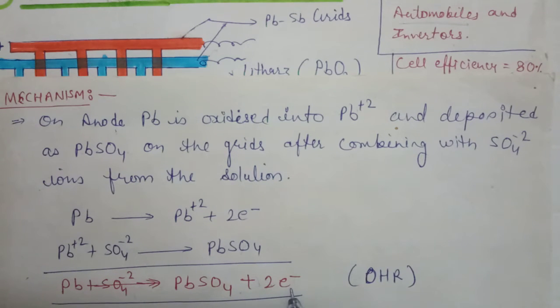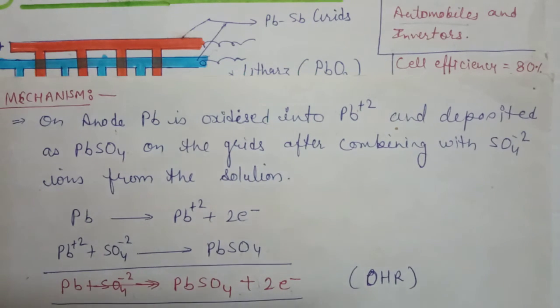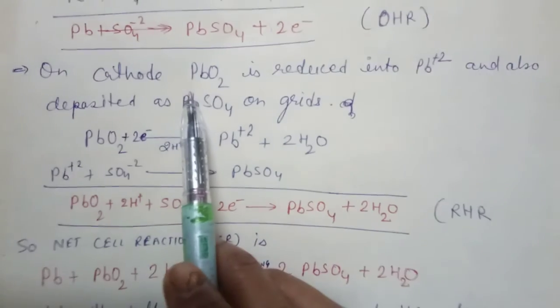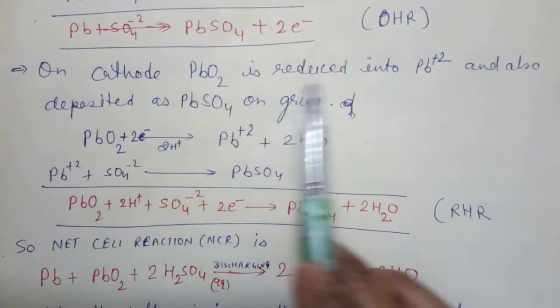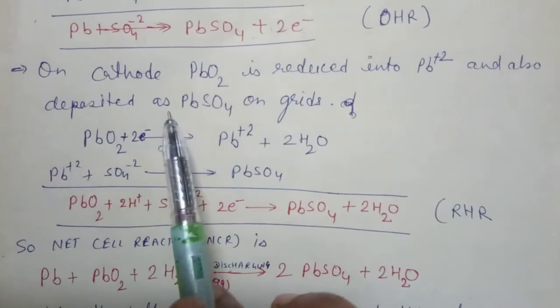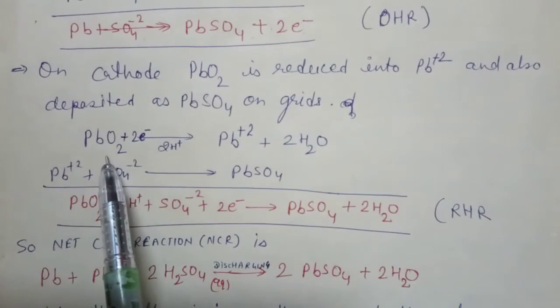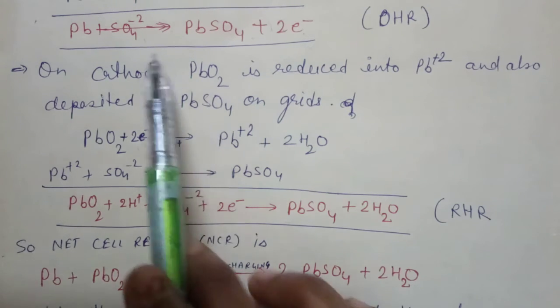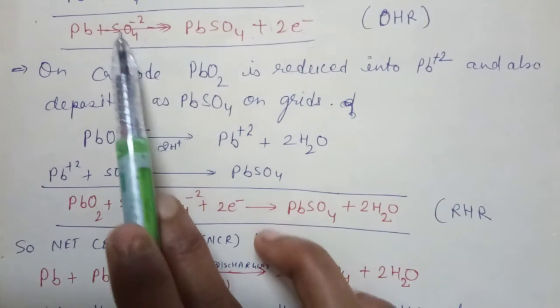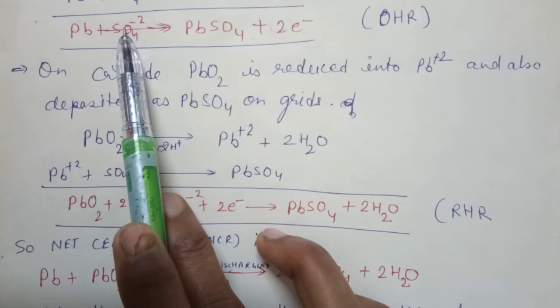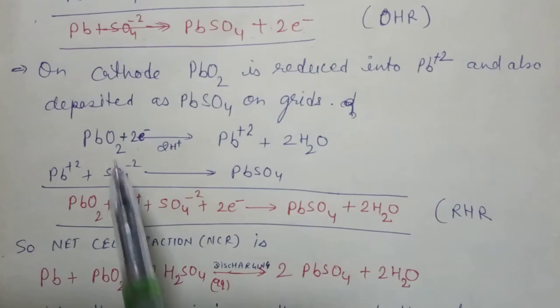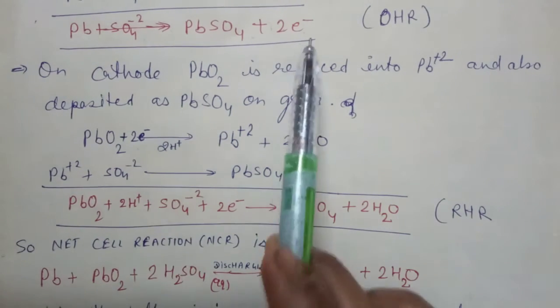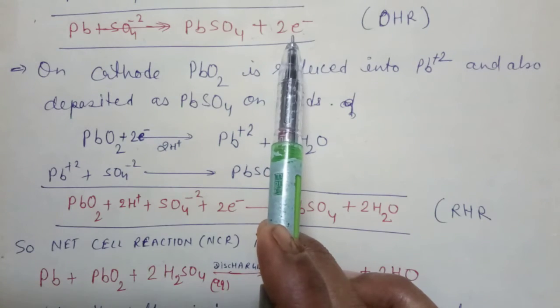This is the oxidation half reaction. While on the cathode, PbO2 is reduced into Pb plus 2 ions and also deposited as PbSO4 on the grids. So PbO2 plus 2 electrons and 2 H plus ions obtained from the H2SO4. SO4 minus 2 ions and H plus ions are used at the cathode, and 2 electrons are supplied from the anode.